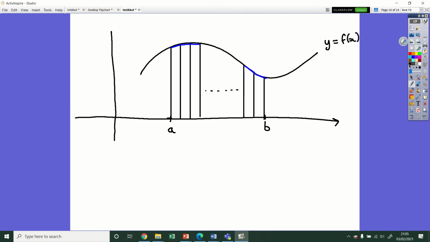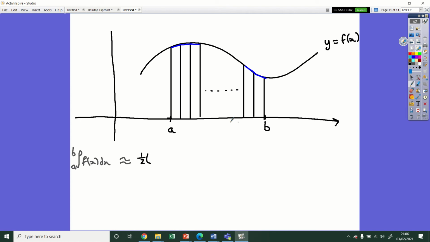Okay, let's think about what these areas are going to be then. So what I'm trying to do is integrate from a to b my function f of x. And the area I get by approximating with trapezia is going to be the first trapezium, which is going to be a half.